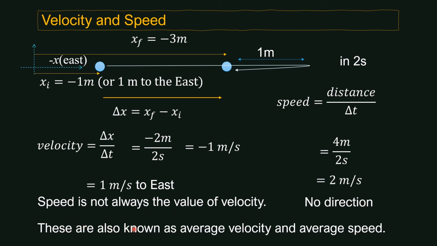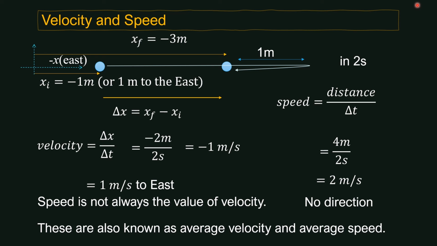And these are also known as average velocity and average speed because we computed these values over a 2 seconds time interval. The speedometer in your car shows the speed at that moment, not the average speed. The speedometer computes the speed during a very short time interval and instantly displays it.